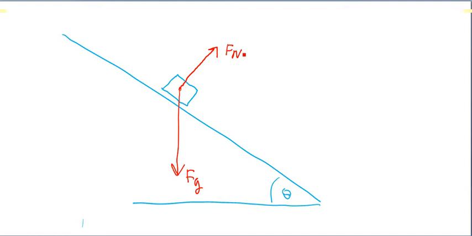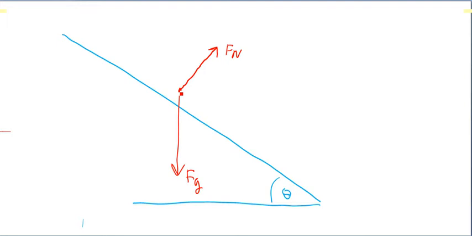So there's a right angle between the ramp and force normal. A common misconception that students have is to draw force normal as opposite of force gravity when it is not the case. So force normal is always perpendicular to the ramp angle itself.